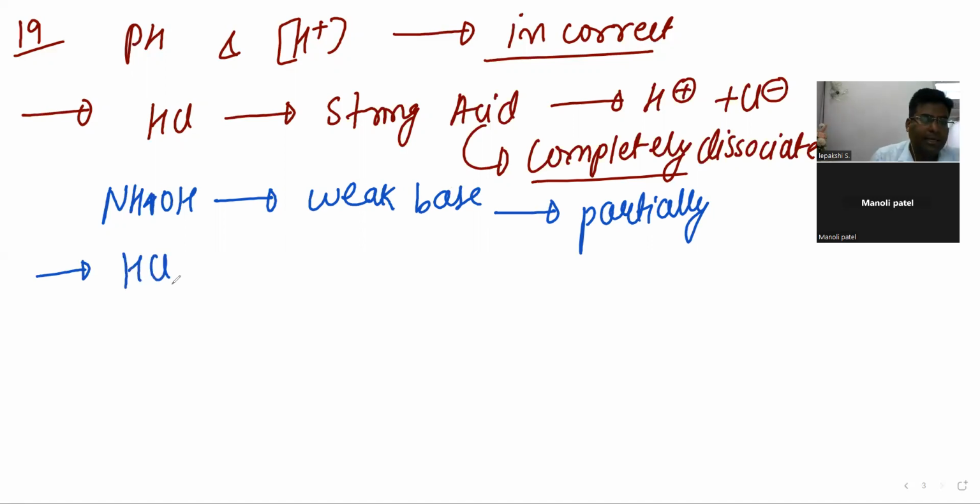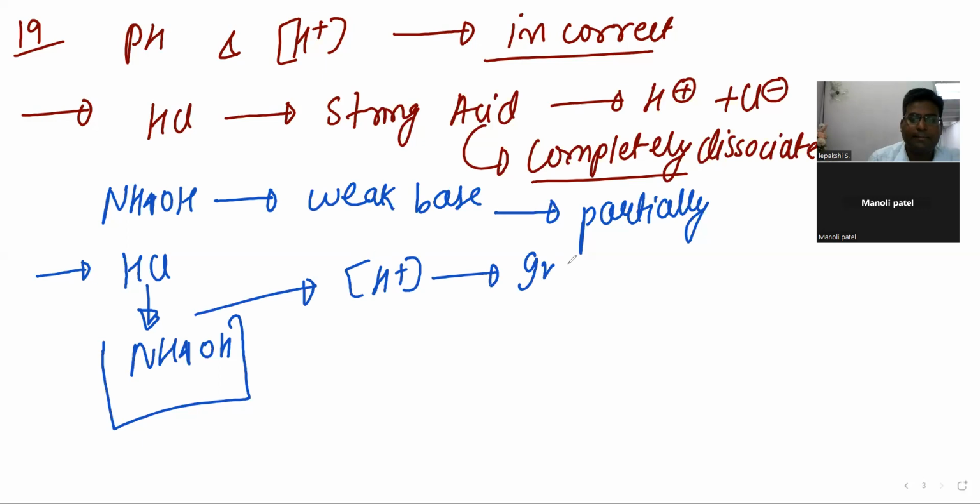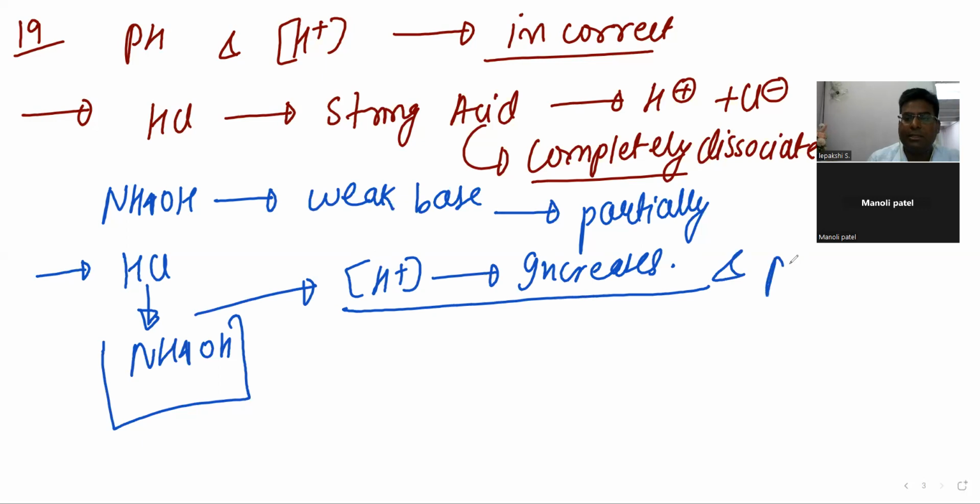When HCl is added to NH4OH, the concentration of H plus ion increases. After adding HCl, the concentration of H plus ion increases and the pH value decreases. As the concentration increases, pH decreases.